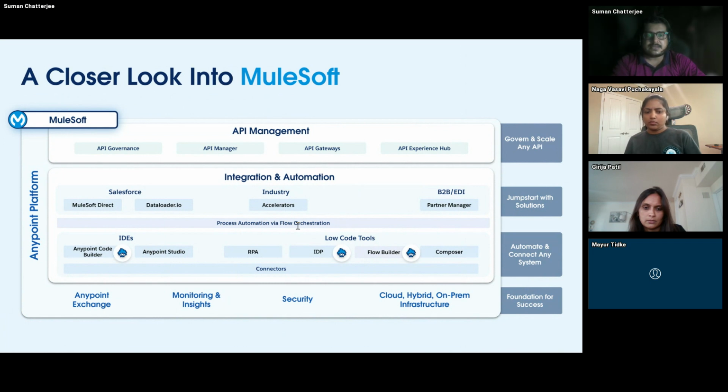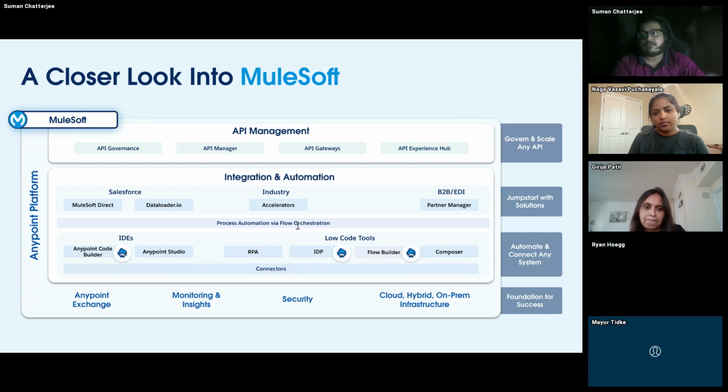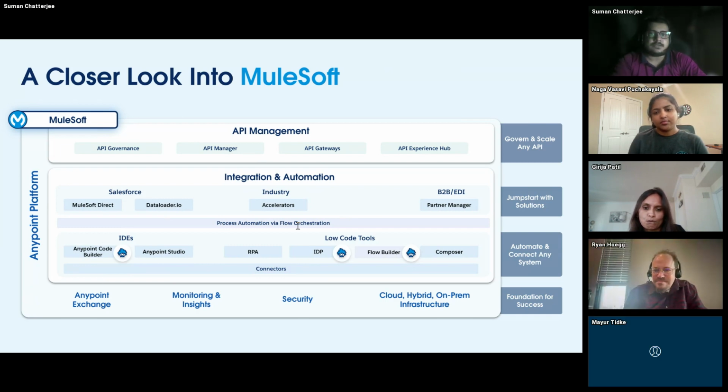Now, this is a comprehensive approach that MuleSoft has taken, which made the MuleSoft ecosystem a complete integration solution tailored to the needs of varying customers, I would say.